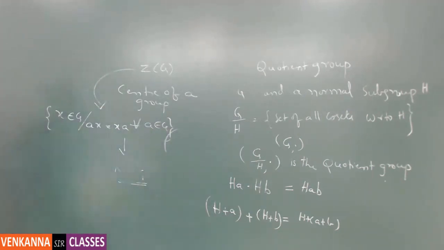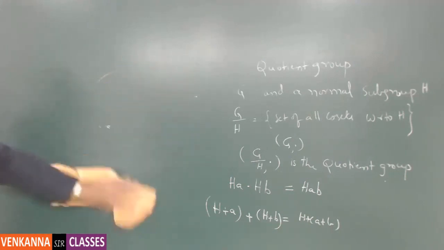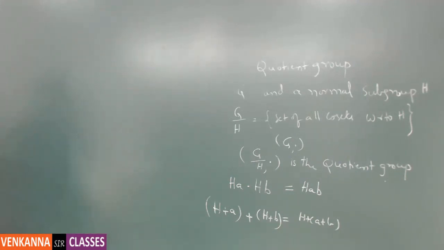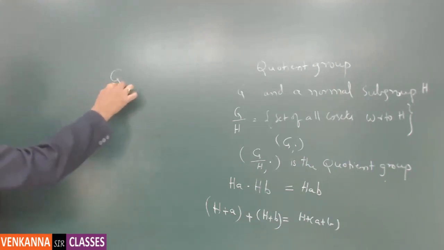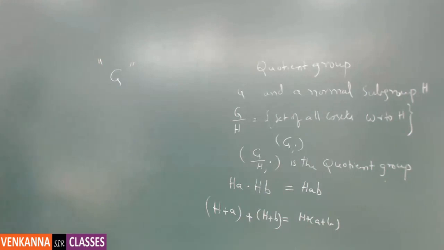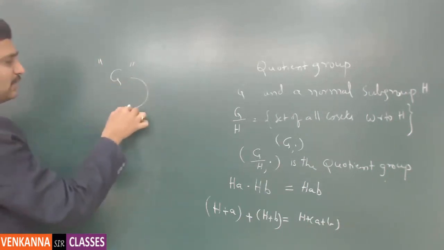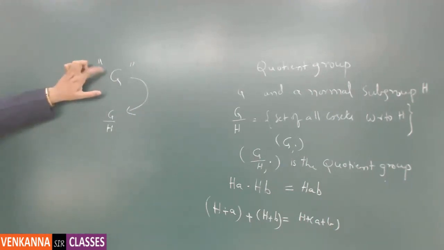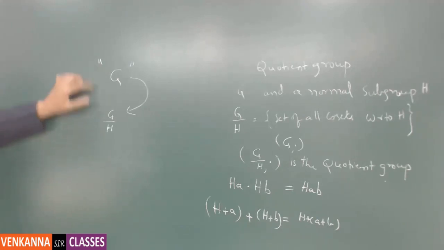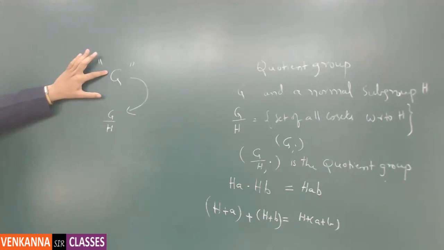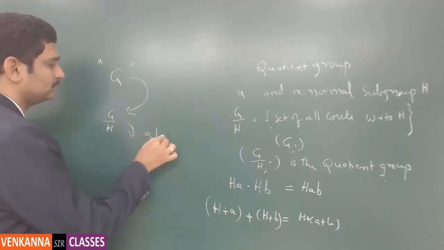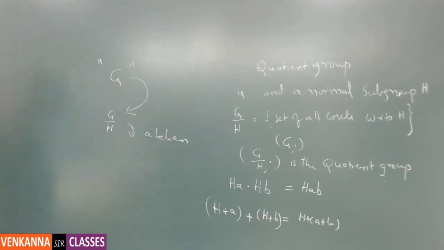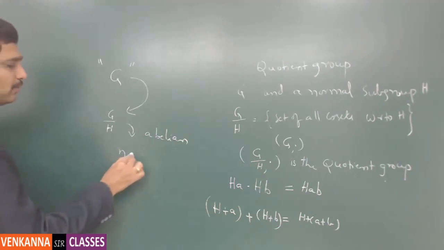One interesting observation between the quotient group and the group is that generally, whatever properties are satisfied by the group, the same properties will be satisfied by G by H. Since G is a group, G by H is also a group, and if G is abelian, then G by H is also abelian.